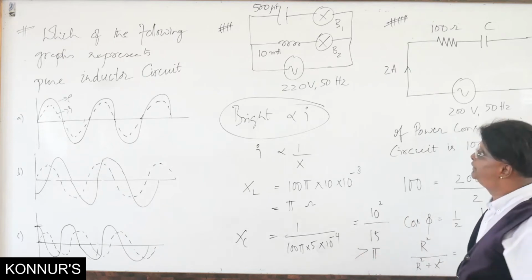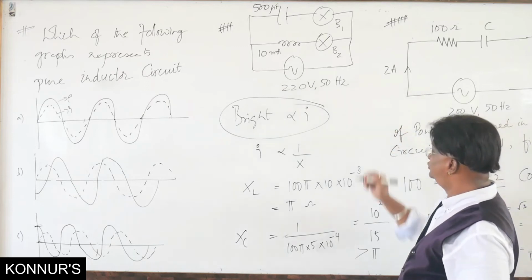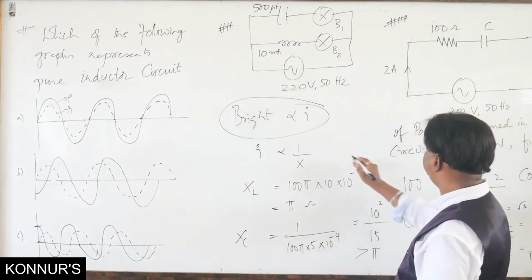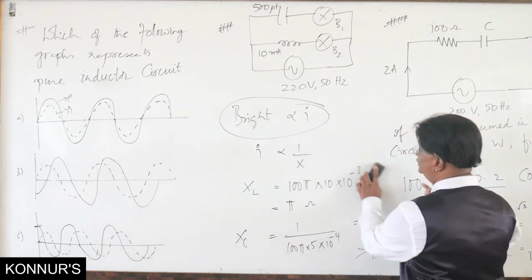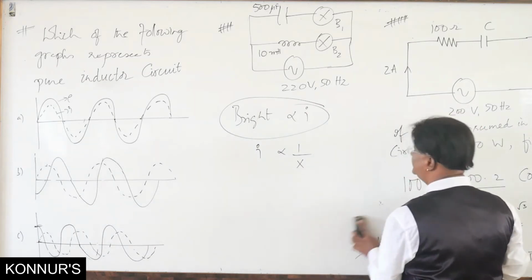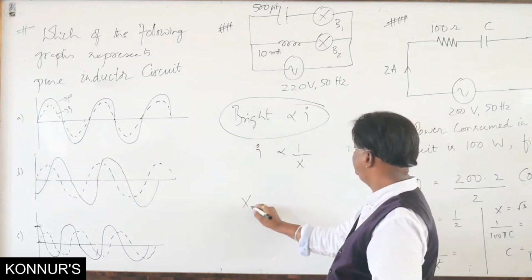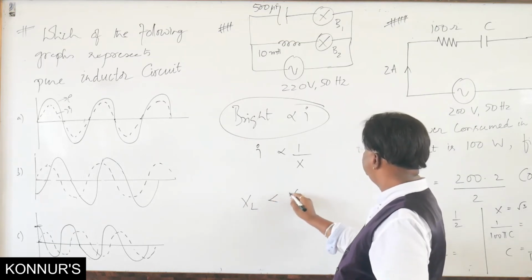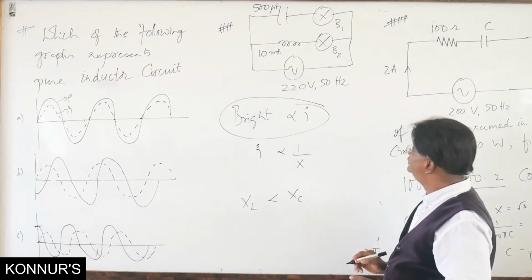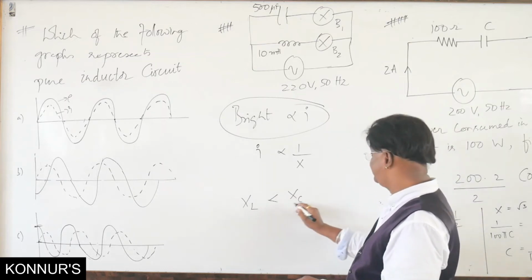So our example and numericals tell you that our result, in the given data, is XL less than XC.